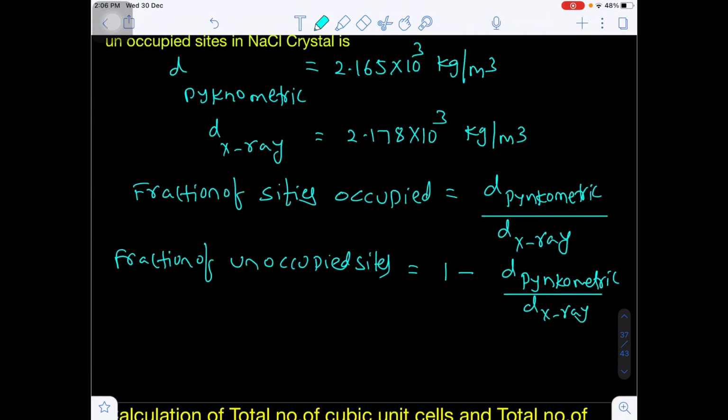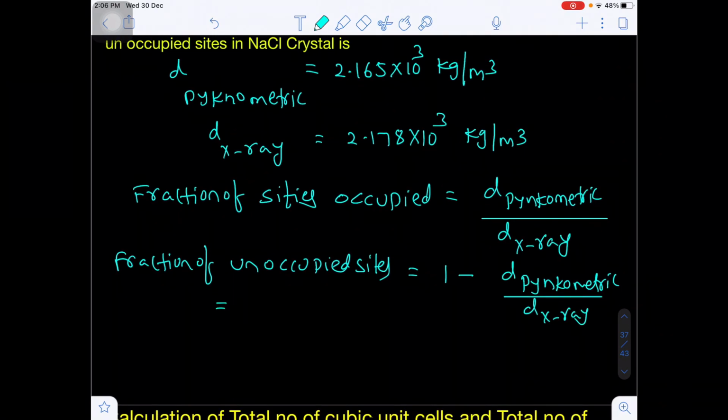Are you getting my point? So from here we can find the fraction of unoccupied, that will be density of X-ray minus density of pycnometric, divided by density of X-ray.